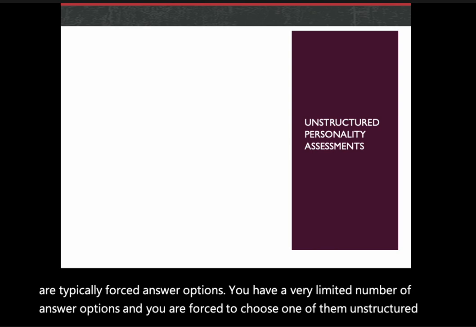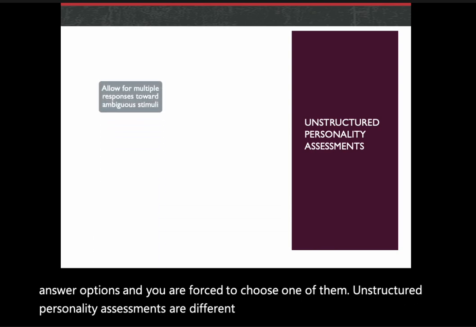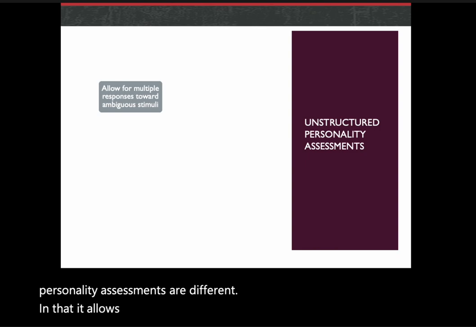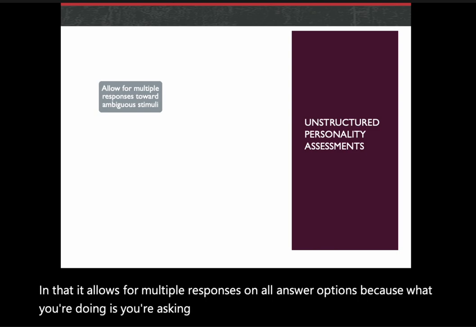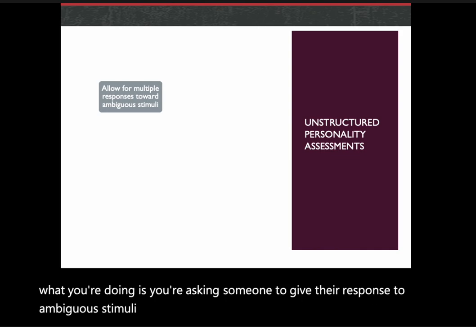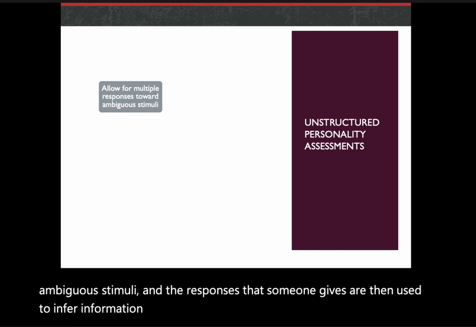Unstructured personality assessments are different in that they allow for multiple responses, because you're asking someone to give their response to ambiguous stimuli, and the responses that someone gives are then used to infer information about a person's personality.